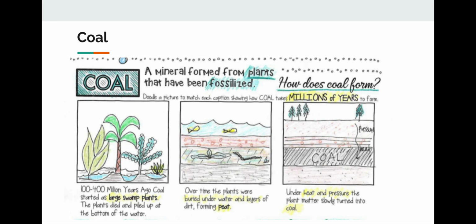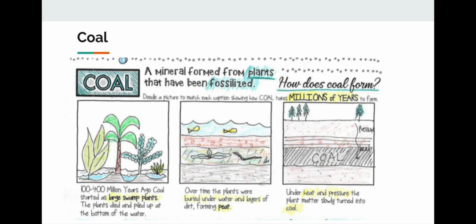For example, in Ireland, they have a lot of peat deposits. Ireland used to be much more swampy than it is now, and they dig up that peat and burn it. It's just old, dead plant life that has started to congeal together.